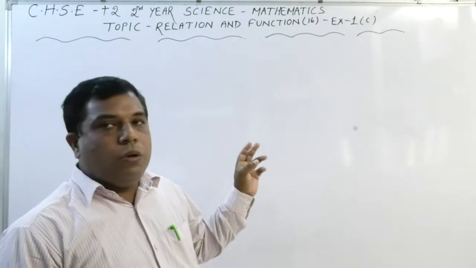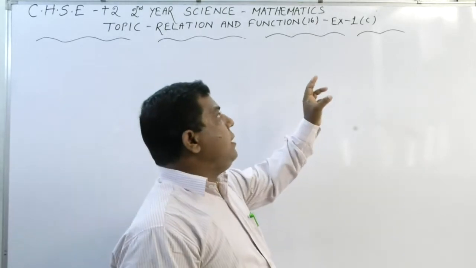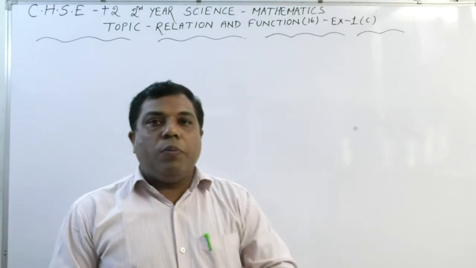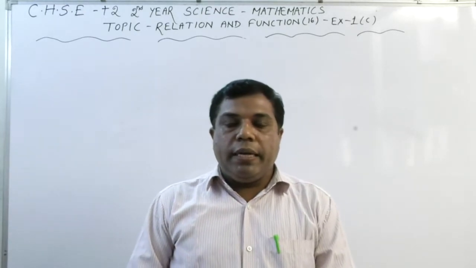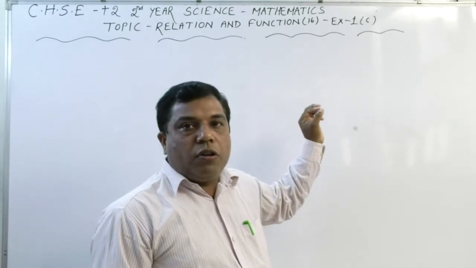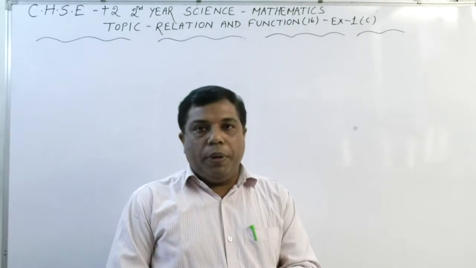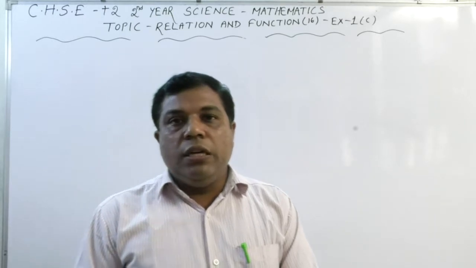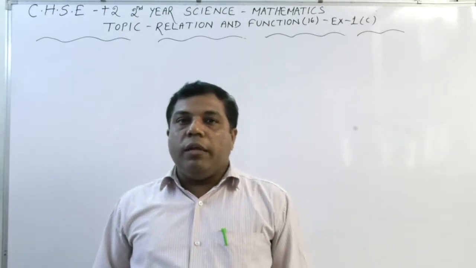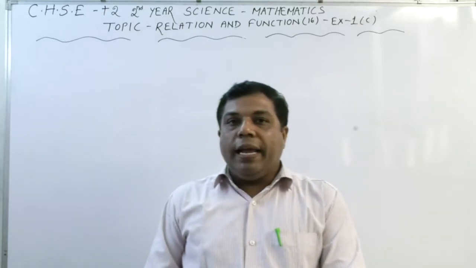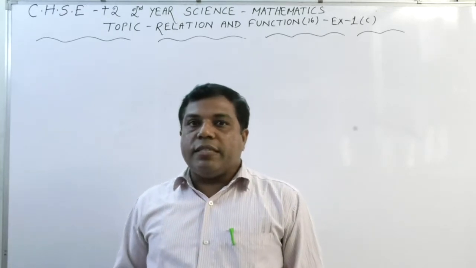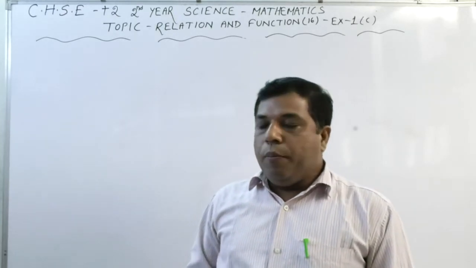Today we will go through its exercise, that is Exercise 1C from the book Elements of Mathematics, and it is mainly on the topic of binary operation. So today we will solve problems related to binary operation. Let us begin with those exercise problems from our book.